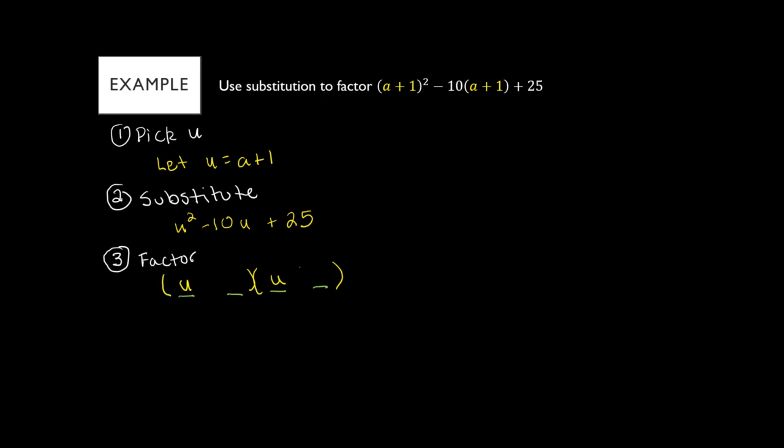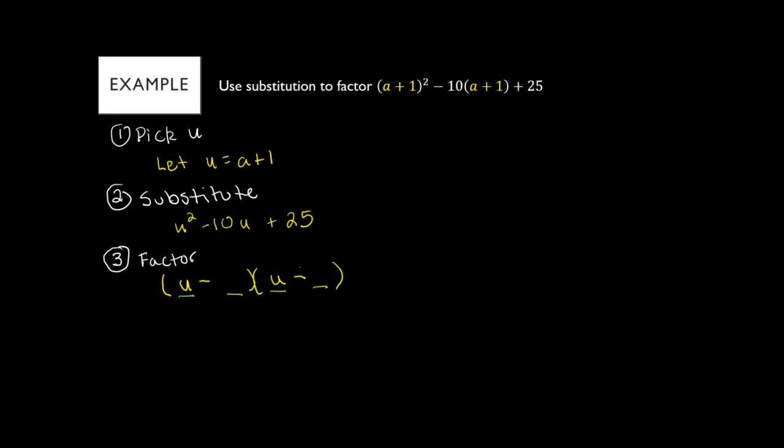And let's look at the signs. If I'm multiplying to a positive and adding to a negative, the only way to multiply to a positive is if they're both positive or both negative. If they're both positive, those 2 numbers add to a positive number. We need to add to a negative. So both numbers need to be negative so that they can multiply to the positive and add to a negative number.